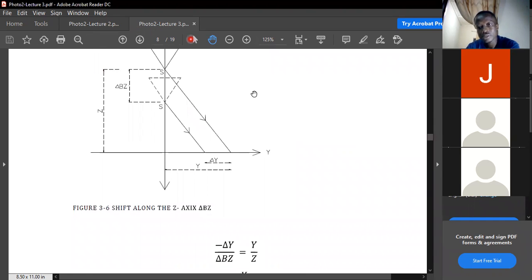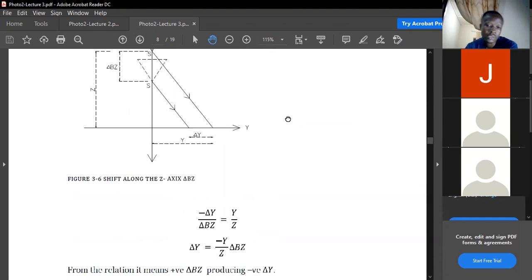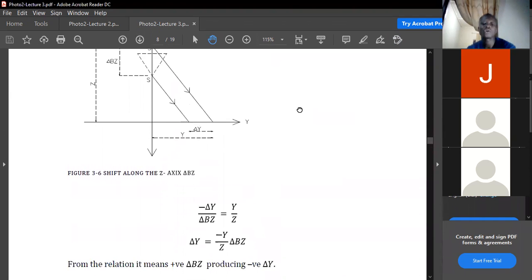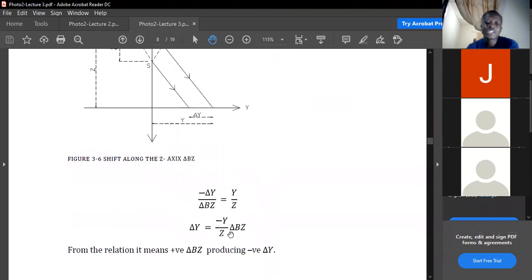So let me take this off and zoom out a little bit. When you look at the diagram up there, we can write this formula and establish that the change in the y coordinate is given by this relationship, minus y over z, delta bz. So what is interesting about it is that this is the shift that we made.